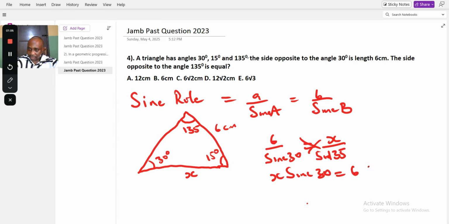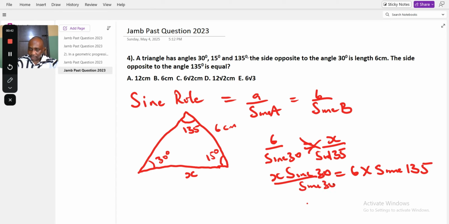x times sine 30 equals 6 times sine 135. Now, anything beside x, we are going to divide by it: sine 30 divided by sine 30, because we want x to stand alone. That's what we are looking for.